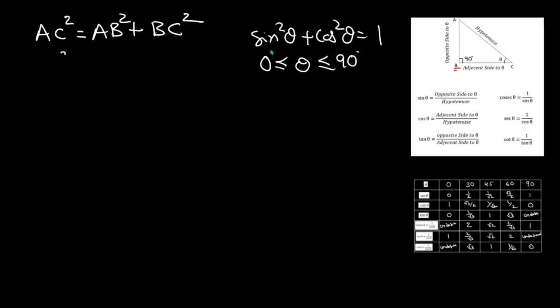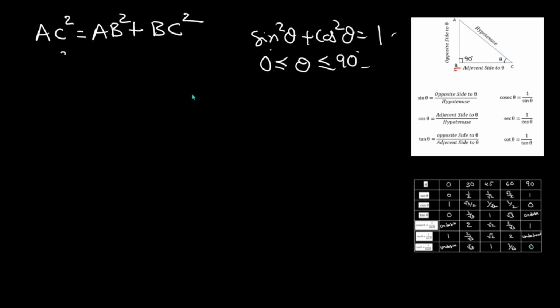Even if you put 0, sin 0 is 0 and cos 0 is 1, so the statement is still valid. If you put 90 degrees, sin 90 is 1 and cos 90 is 0, so the equation is valid. So this equation is valid for all angles from 0 to 90.